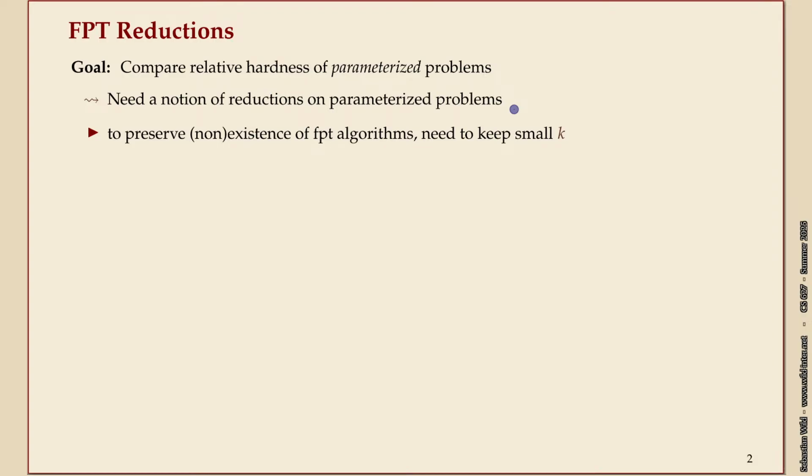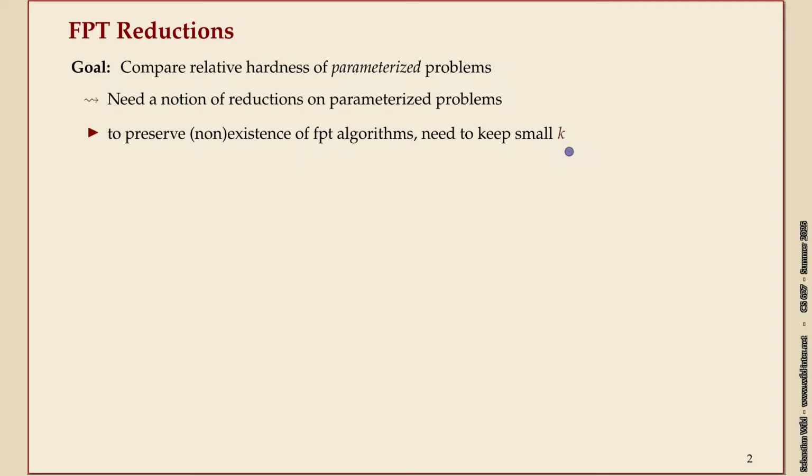And the thing is that we need somehow a notion that takes the parameter into account. Otherwise, it's not going to make interesting statements. So to preserve the existence or non-existence of FPT algorithms, such a reduction has to keep the parameters small in the produced problem.